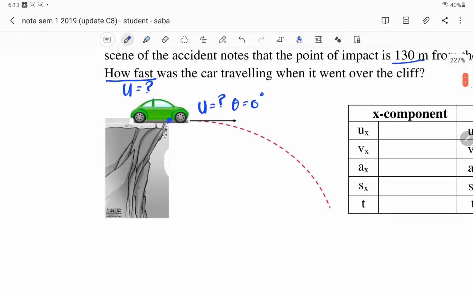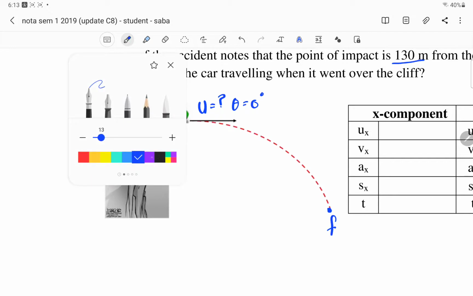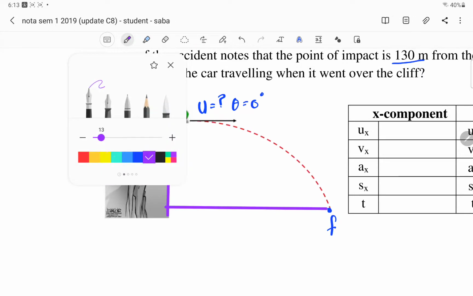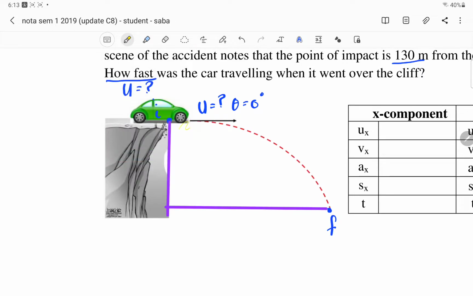Okay. So kalau kita consider ini adalah final point, kita buat garisan daripada initial point. So kita nampak SY dan SX. Jadi yang ini daripada initial point secara vertikal ini kepada point yang ini adalah SY.